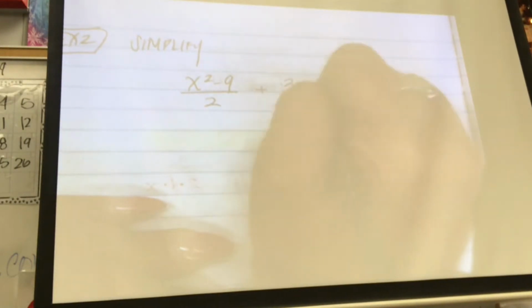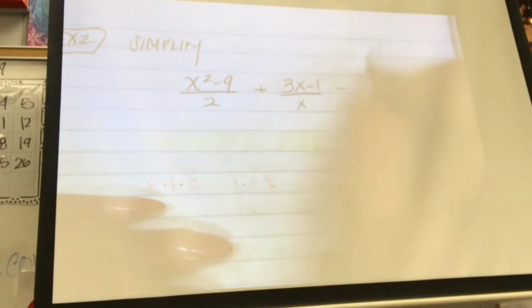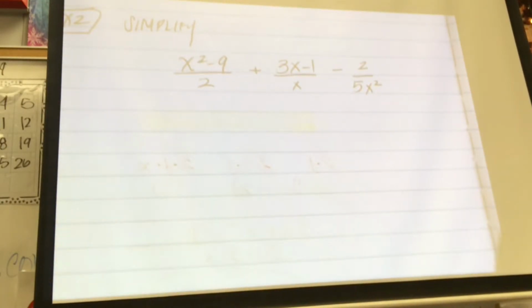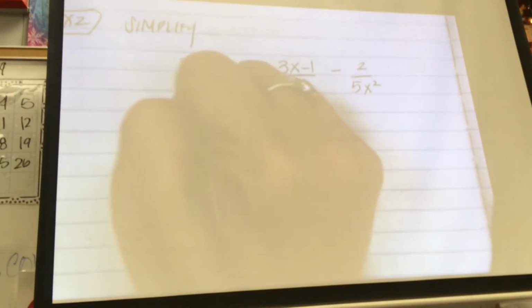Example 2. All right, this denominator is just 2 times 1.